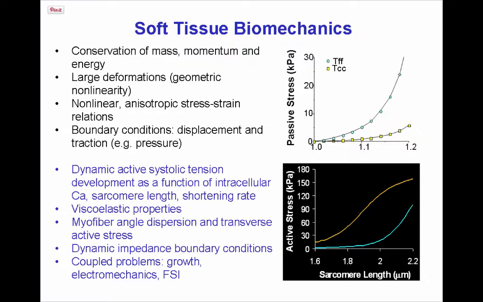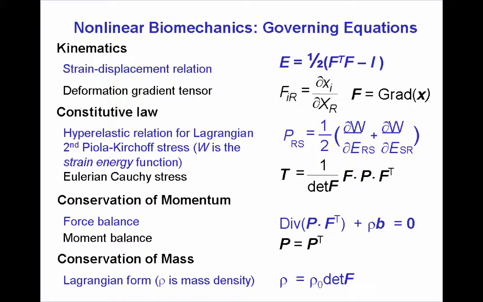The necessary governing equations include the nonlinear kinematic strain displacement relations for large deformations, conservation of linear and angular momentum equations from continuum mechanics, a nonlinear constitutive equation for hyperelastic materials, and in the case of incompressible models, the Lagrangian mass conservation law.